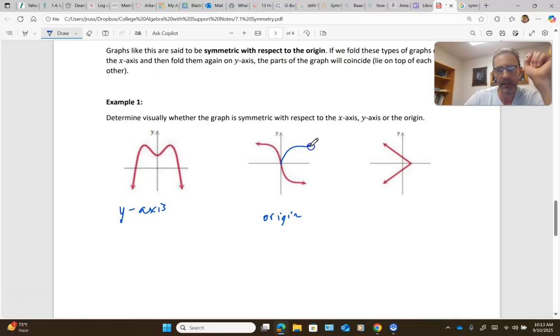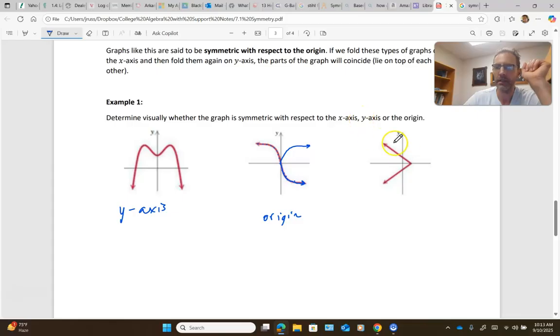And then let's say we take that piece and rotate it about the x-axis, then it would end up down here. So it ends up in the diagonal quadrant. So if every point on here, when transformed or rotated about both axes, forms the piece in the diagonal quadrant, then you have origin symmetry.